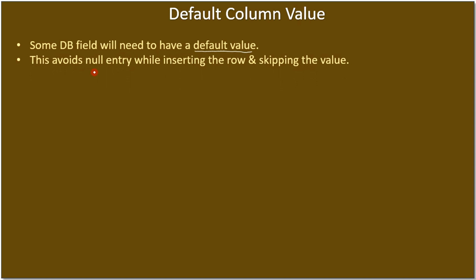That means while inserting the row, if we skip the experience column for a specific employee, then instead of having a null value, the SQL Server will substitute the default value. So this avoids a null entry when the record is created for the first time.